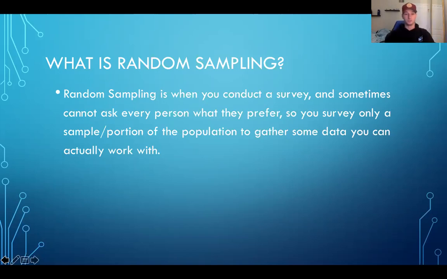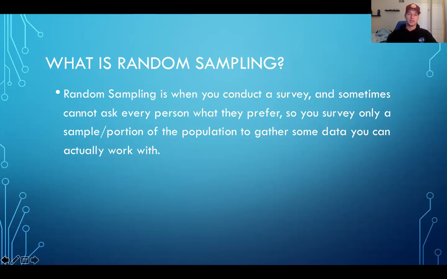An example of this would be if you wanted to find preferences of school lunch in a school district. Say there's 60,000 kids in the school district. There's no way you're going to ask 60,000 kids what they prefer for hot lunch. Some of them may even bring their own lunch. So what you do is you go to a couple schools' cafeterias and use random samples by going into a cafeteria, seeing all the people who got hot lunch, and then you walk by and ask every 20th person what they prefer, like hamburgers or hot dogs or whatever.